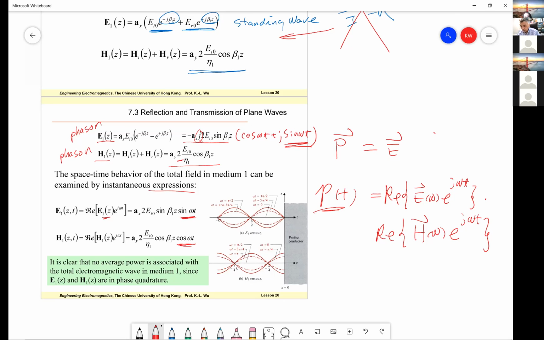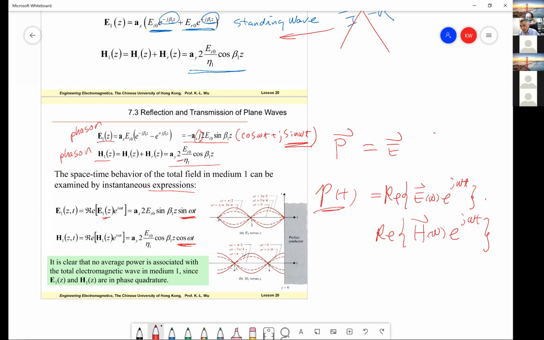Now this is the field expression, the pattern of the E field and H field, and at the boundary it is always equal to 0.